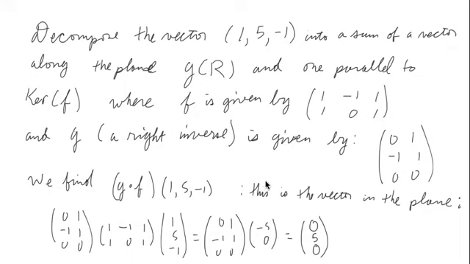Meaning that if you compose G on the right side, so we have F of G, that's going to be equal to the identity matrix in the codomain of F. So first run G and then F, that'll be the identity matrix.